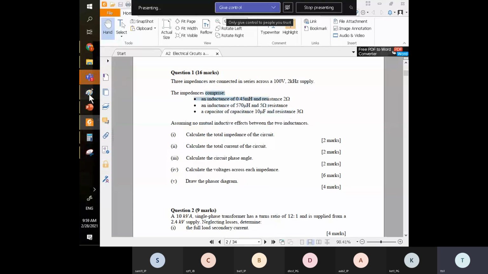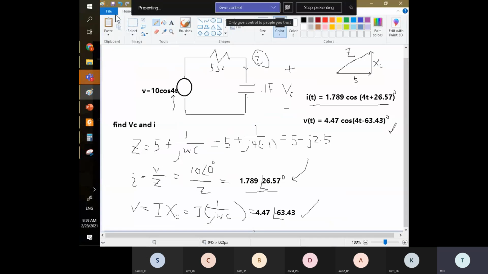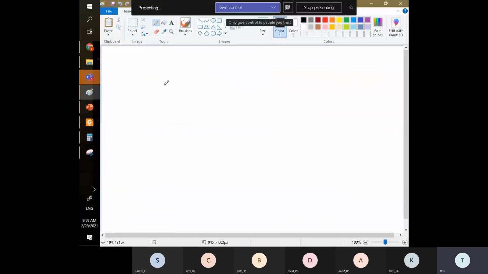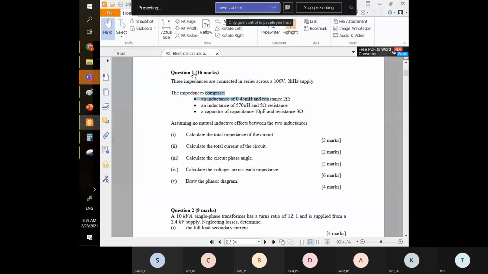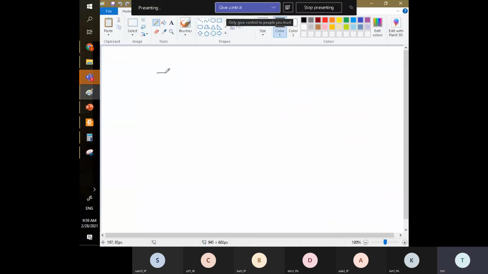So let me draw the circuit now. We have one inductive load here together with its internal resistance.